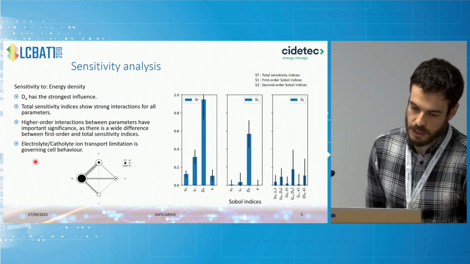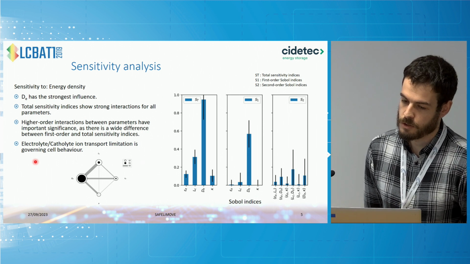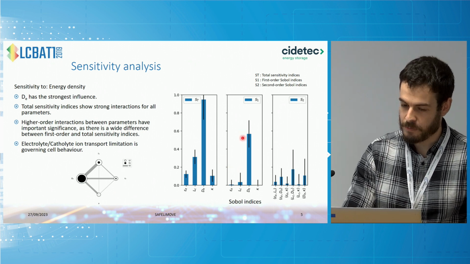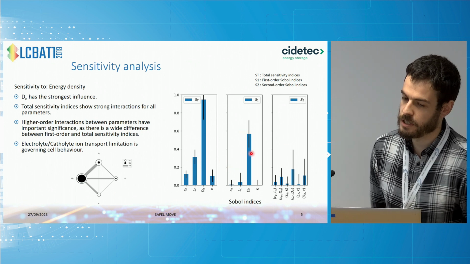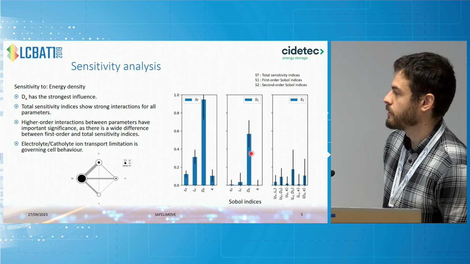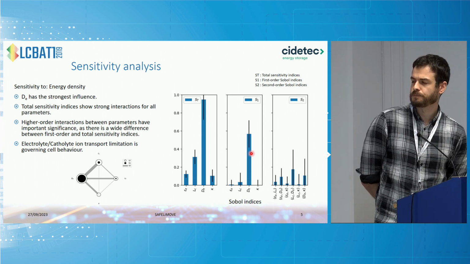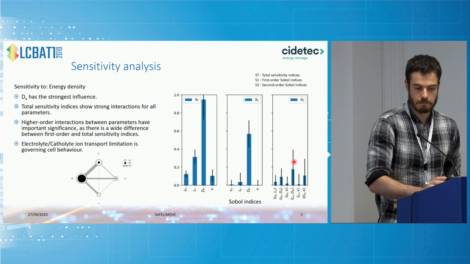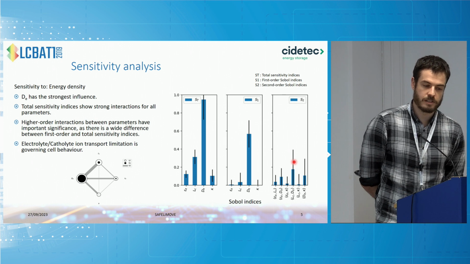So what we can see here is that according to our Sobol analysis, the parameter that influences the most what we calculate according to the model is the diffusion in the electrolyte, so diffusion of lithium ions. And we can also see in the second graph that there are some high order dependencies between the parameters.